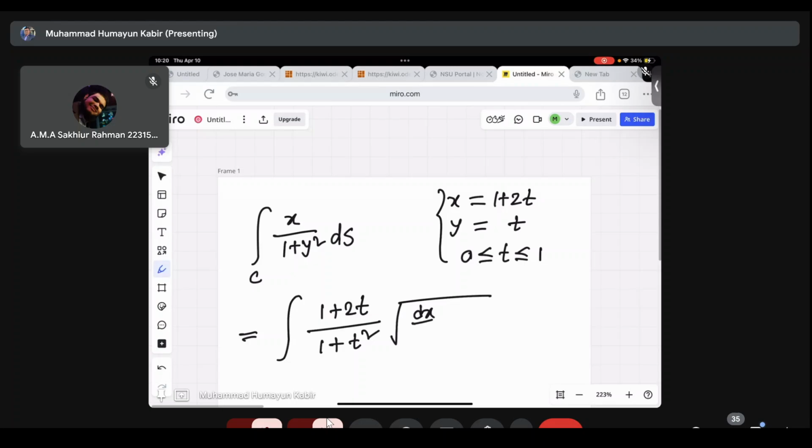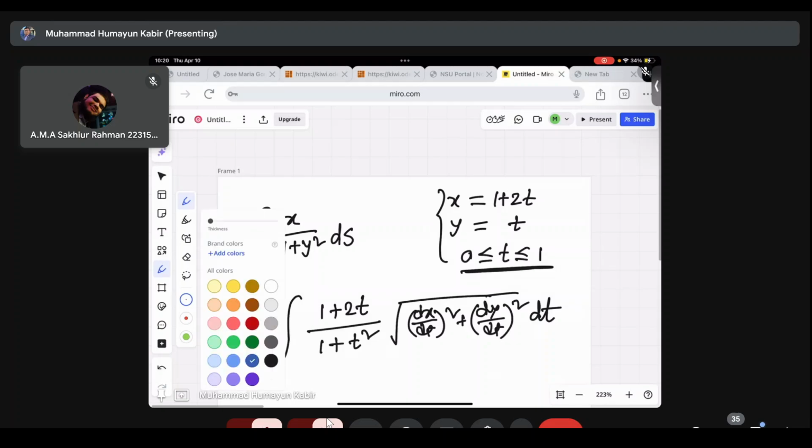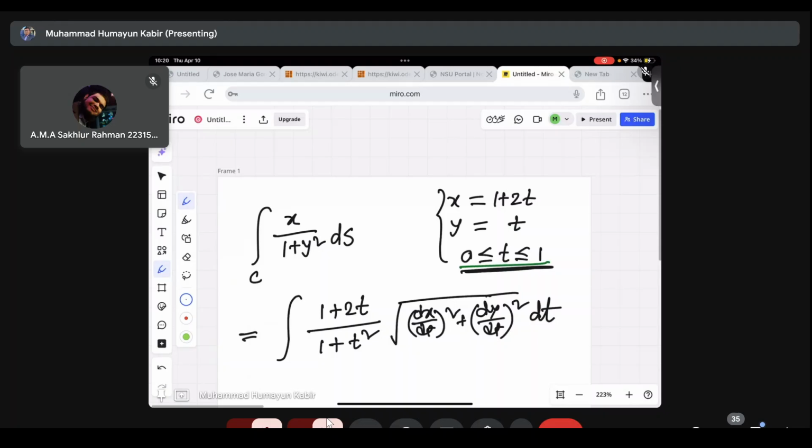And ds should be the square root of dx/dt whole square plus dy/dt whole square. And here the variation of t is given from 0 to 1.